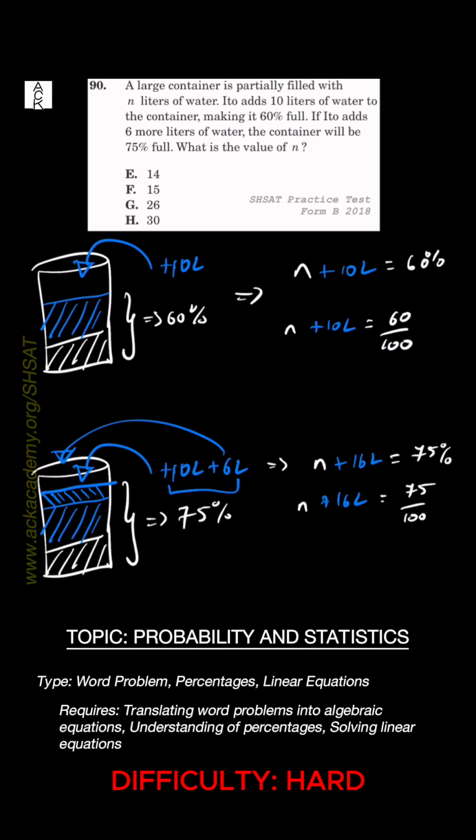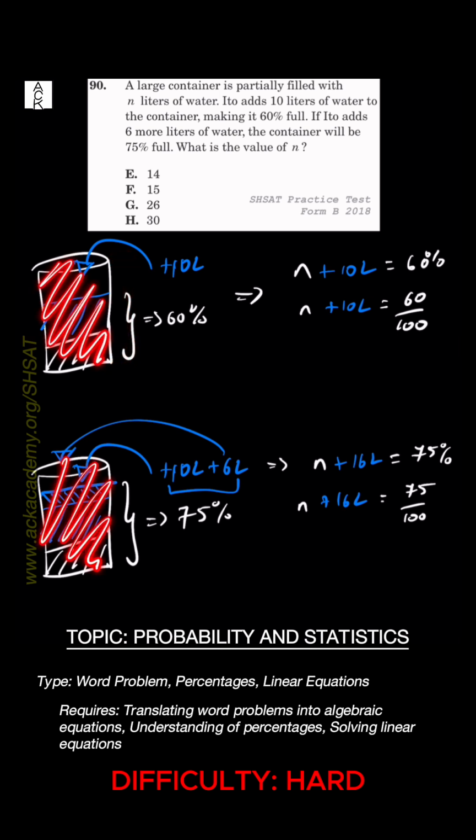The big thing here is we need to recognize that this 60 over 100 is a part over a whole, right? So this is a part. What is the whole? The whole we don't know. That's that missing amount here. So X represents the total amount of water that could be in here and in here. Just like in these proportions, the relationship between the ratios, X has to relate to the 100.